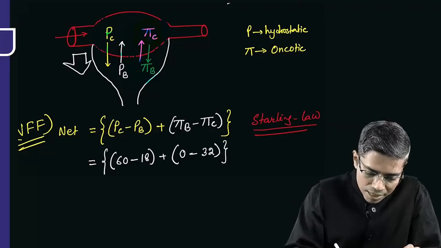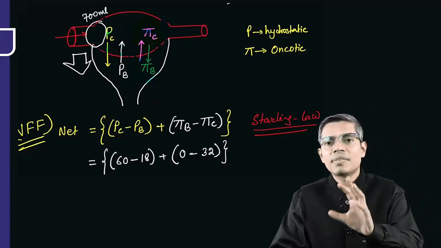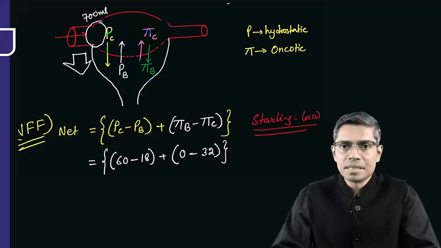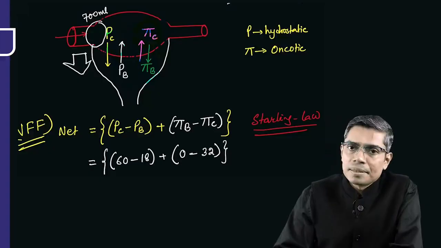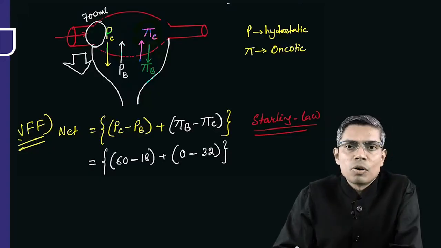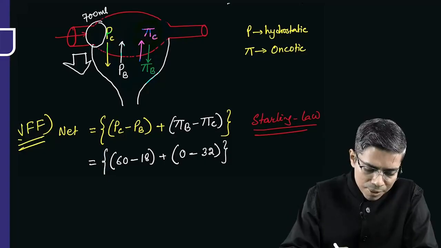Suppose there is 700 ml of plasma reaching the level of the afferent arteriole, right? From the afferent arteriole, it is entering the glomerular capillary, 700 ml of plasma. That is the normal flow. Within this 700 ml of plasma, suppose there are 100 molecules of albumin protein.